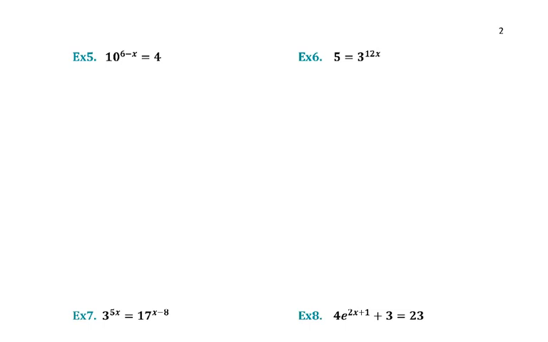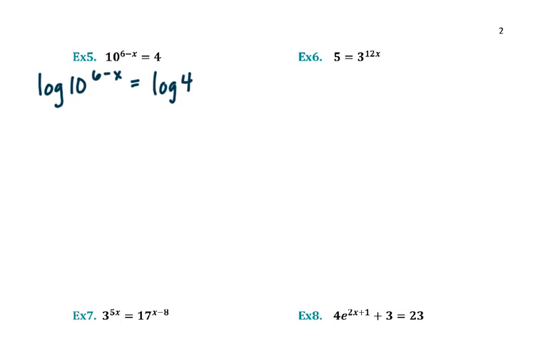So if you remember, common log is base 10. Looking at this problem, I have a 10. So I'm going to use common log, take the common log of both sides. That's the log of 10 to the 6 minus x equals the log of 4. So I take the log on both sides of the equation.